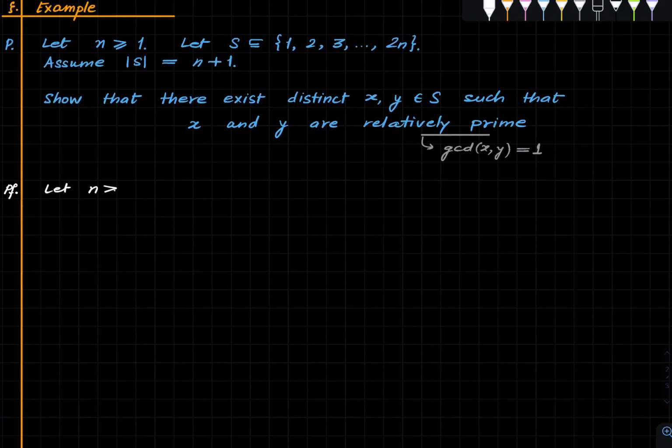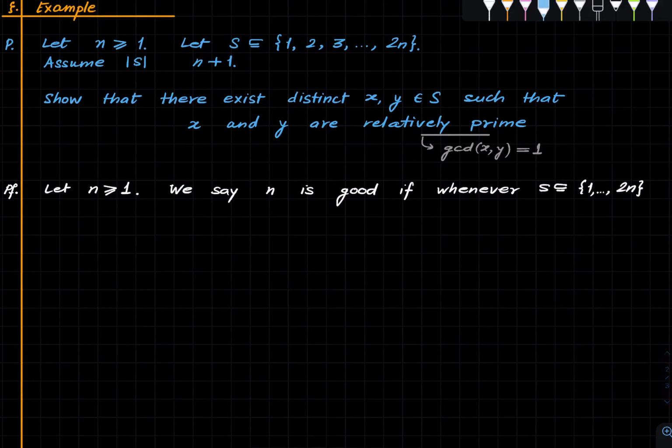So fix an n. And we say that n is good if whenever S is a subset of 1 up to 2n, so maybe I will put greater than or equal to here. It's just easier for me. The problem doesn't change, but I'll just put greater than or equal to there.